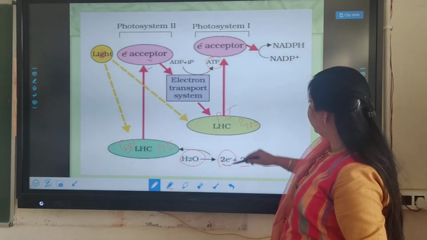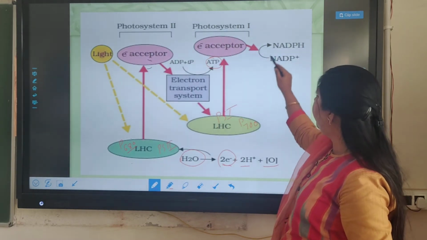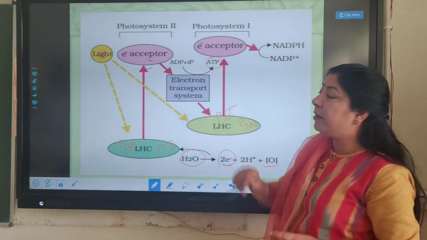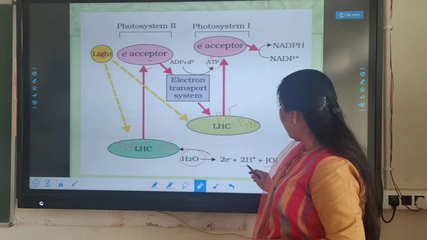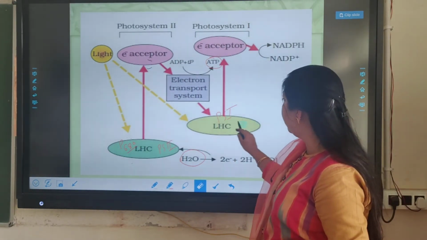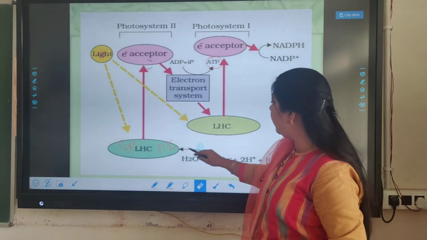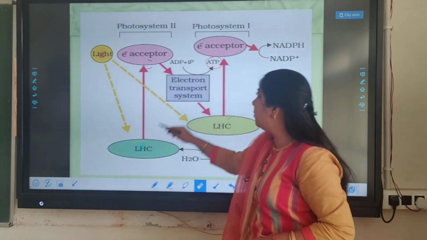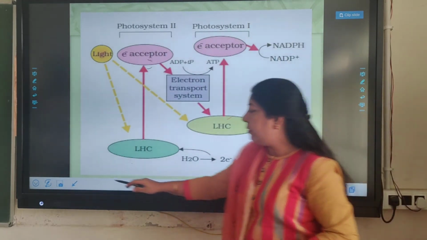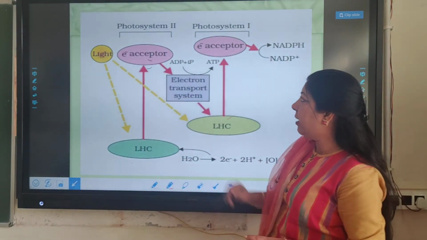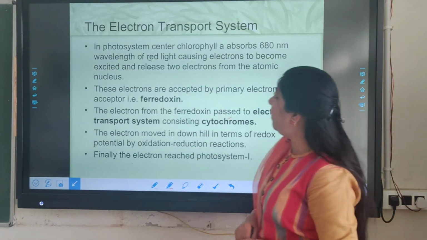And here this hydrogen is used in reducing this NADP and converts into NADPH. So the output of this reaction is the production of ATP and NADPH, which will be later on used in the dark reaction. Okay, so let us sum it up.